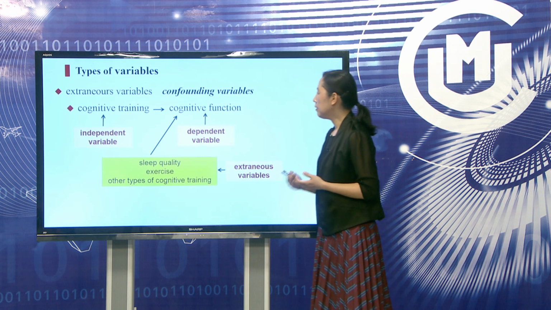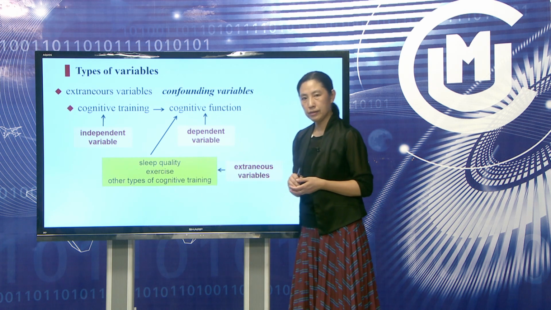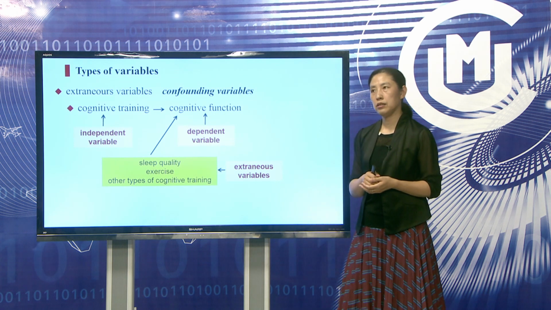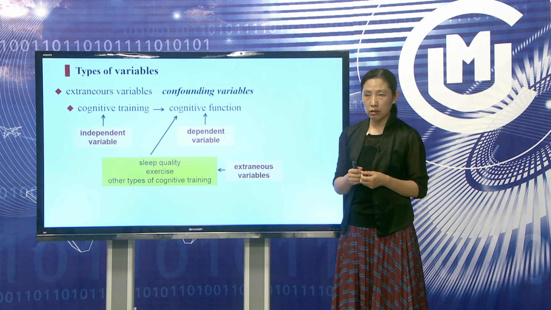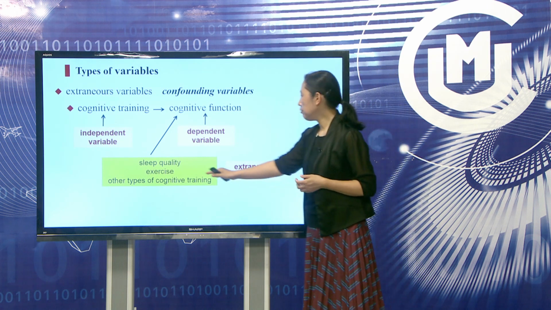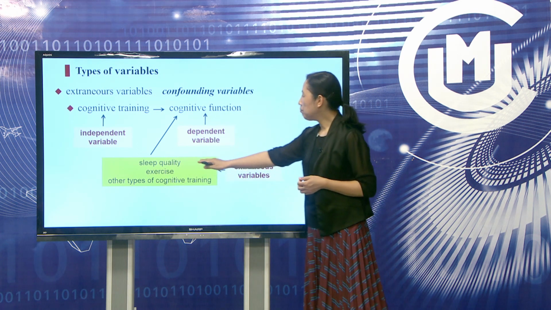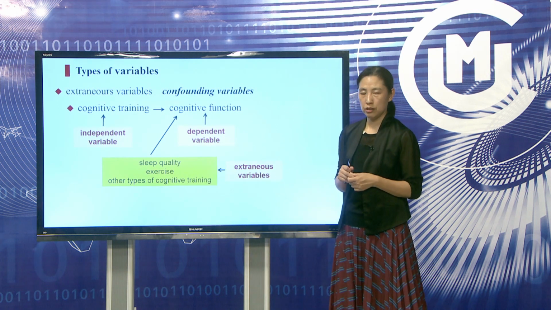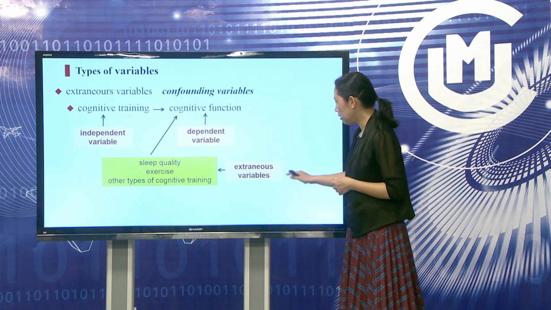We look at the sleep quality of the elders, whether they exercise, and whether they do other types of cognitive training, such as word-filling games, singing a song, or trying to memorize some points. All of these, as well as sleep quality and exercise, may influence cognitive function, so we should consider them as extraneous variables.